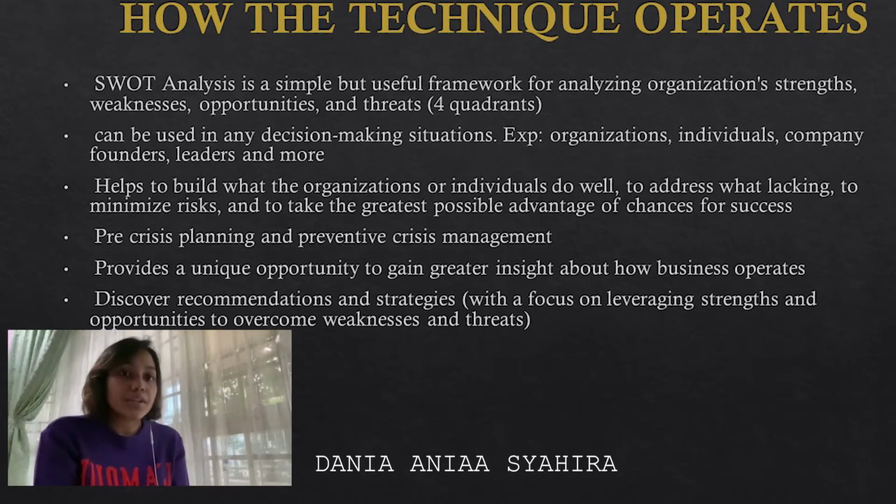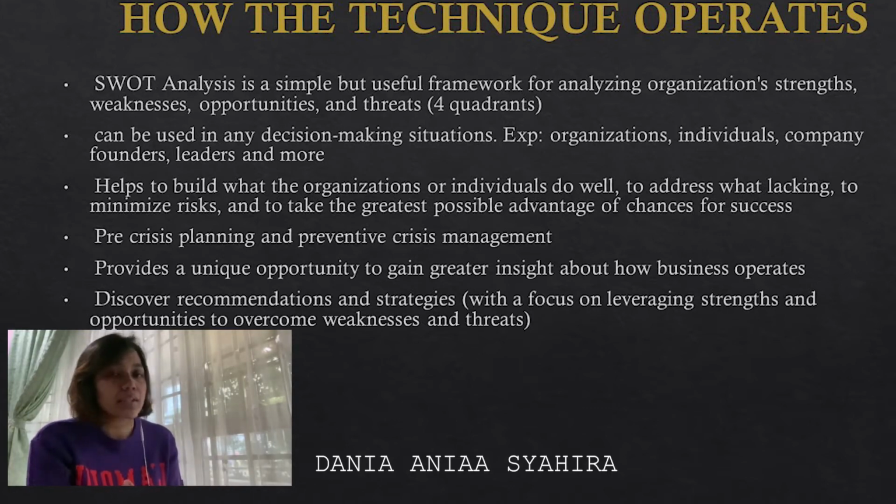The third quadrant is opportunities. Opportunities are favorable factors that could give an organization or individual a competitive advantage. The last quadrant is threat. These are the factors that have the potential to harm the organization. For example, rising costs for materials and increased competition.